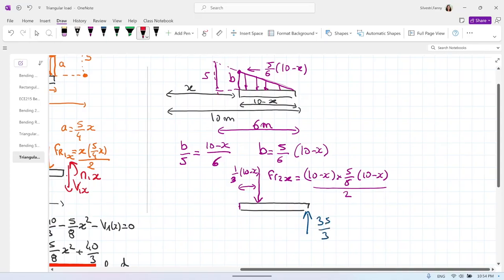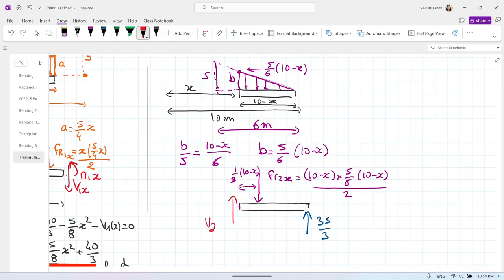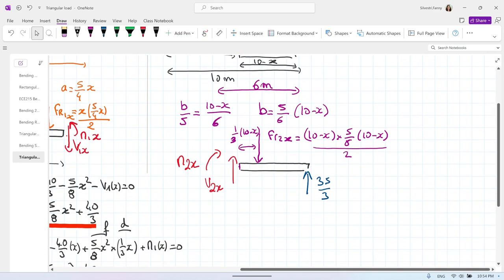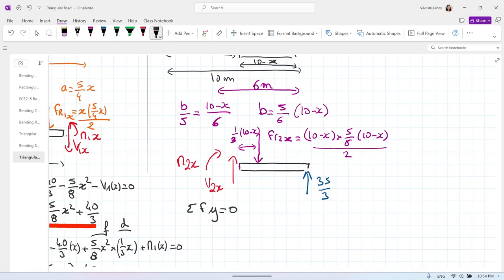And we have our unknowns. We are on the left, so V2 is up, and M2 is counterclockwise, negative. I think we have everything. So now we can do our sum of the forces on y equals 0. We have V2 of x minus the FR2x. So let's simplify this. It's 5/12 times (10 minus x) squared.